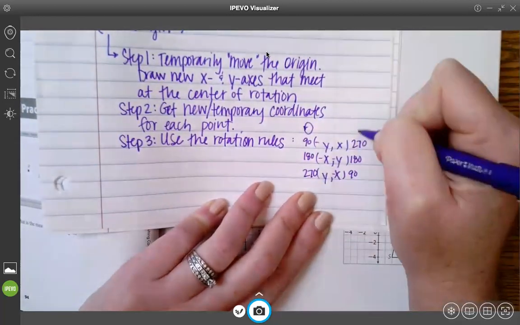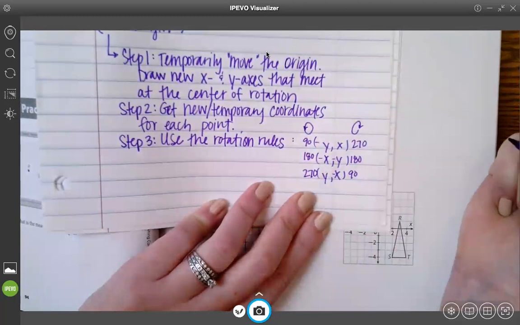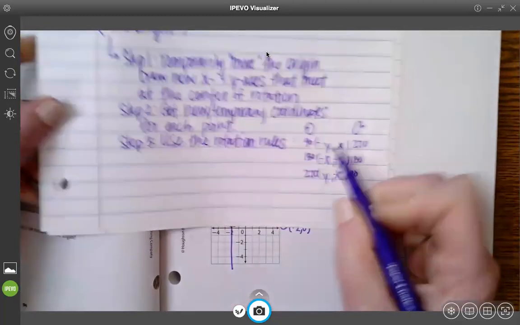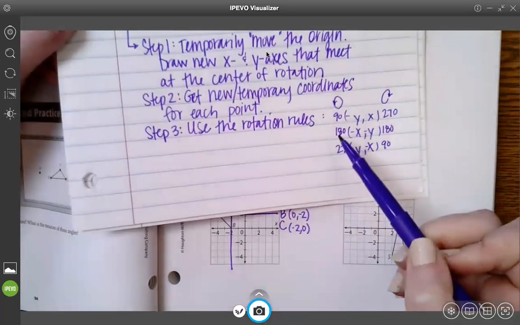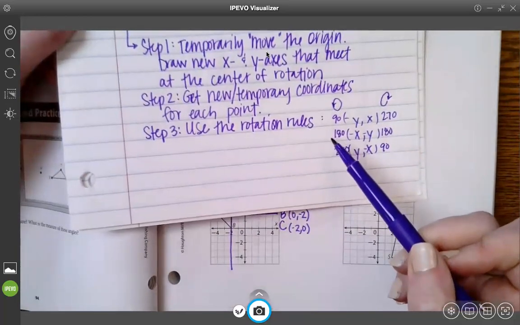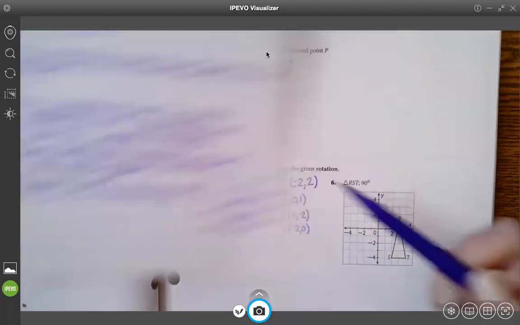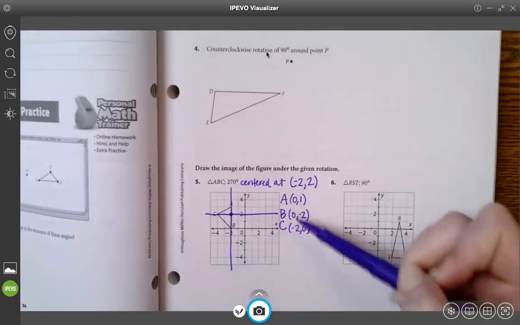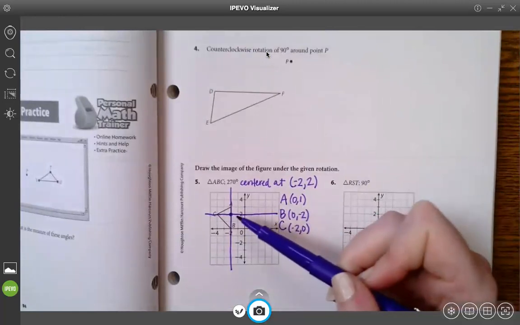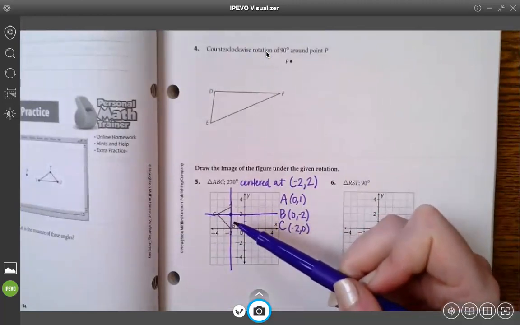Left side spins left, right side spins right. So these are the same exact rules that we wrote earlier and that we've been using, but now we can use them to find this new point, even when the rotation is not centered at 0, 0, because we've recalculated and made the center of rotation our new 0, 0.